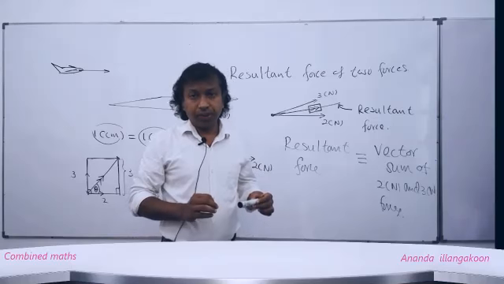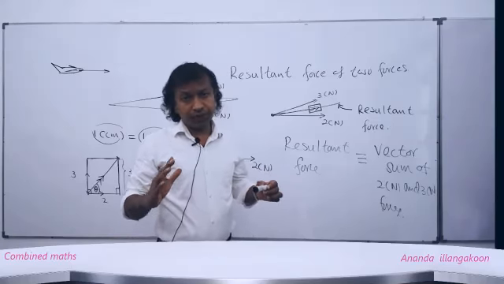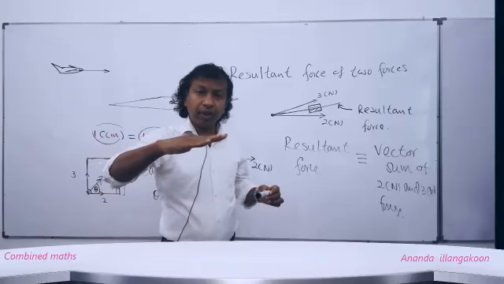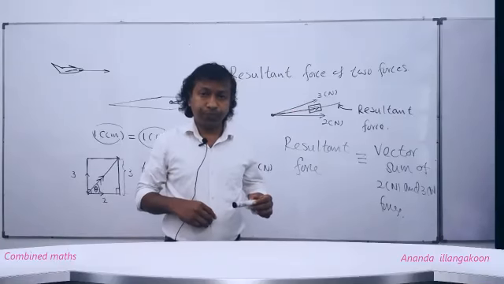Now, when there is no wind blowing, this aeroplane can smoothly fly on the air in the direction of its velocity produced by the engine.